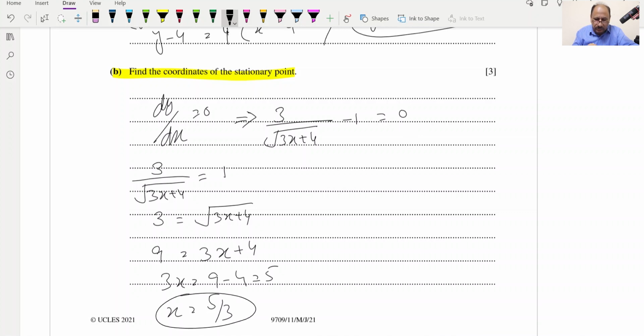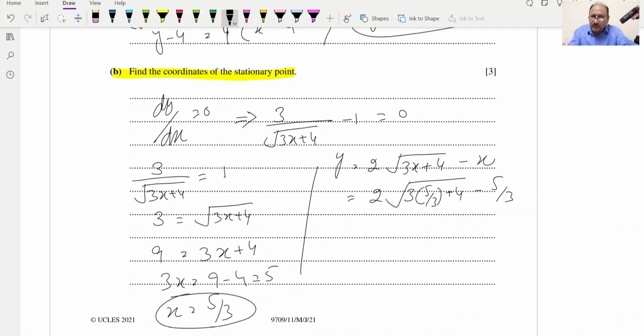So this is the value of x, and now we can replace it in y, where y is equal to 2 under root 3x plus 4, minus x, and we replace x with 5 by 3. So this will be 2 root of 3 into 5 over 3 plus 4, minus 5 by 3.